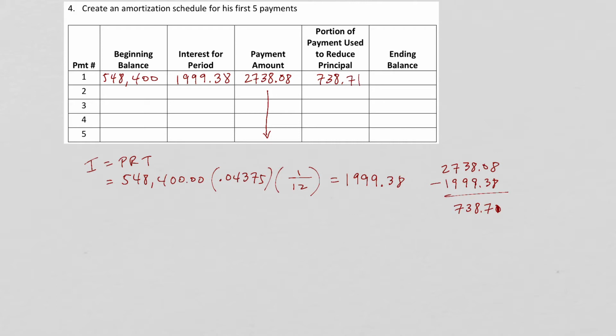So the ending balance is what you started with minus the portion used to reduce principal. And so we're going to take 548,400 minus that 738, and we're going to get 547,661.29. Actually, let's just put 30. I'll just round off consistently. Okay.